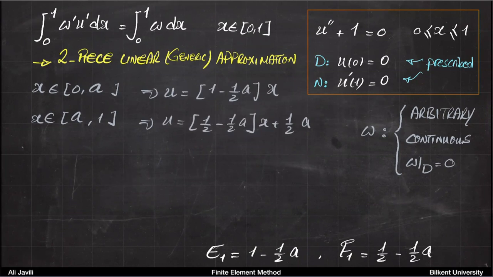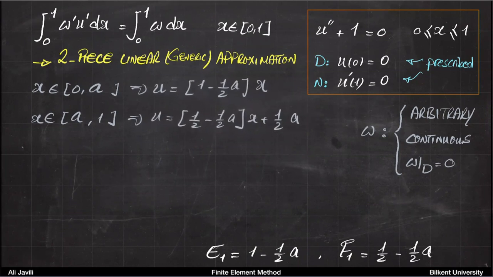Yeah, and that's it. So you can play the same game that we played before. We want to make sure that these two pieces at X equals A are giving the same answer.